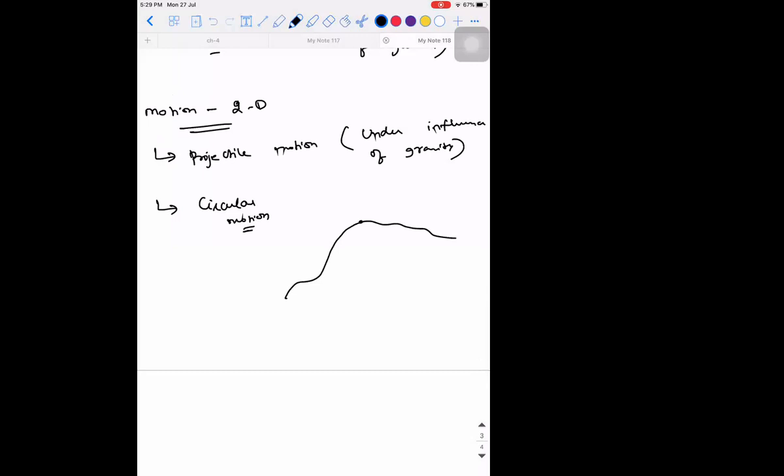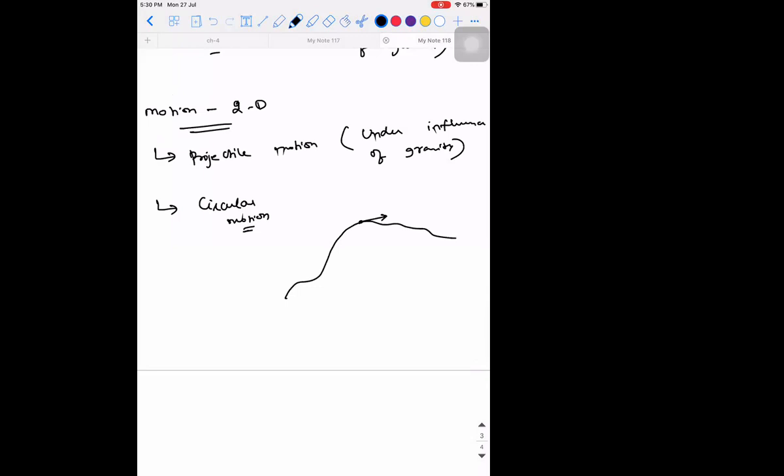If I want to find the velocity at this point, it will be tangential to the path. I showed you with the help of the pencil, no? I held my pencil tangential and showed it to you.